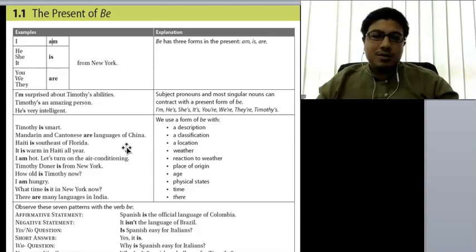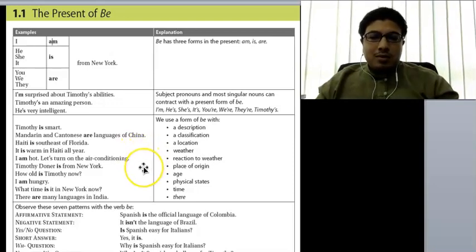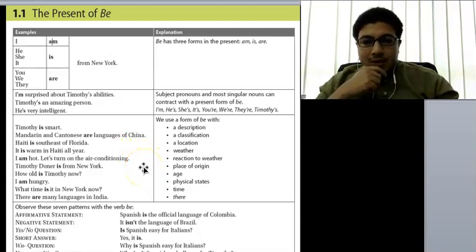So you use is to describe a location. You can also use is or are to talk about weather. For example, you say it is warm in Malaysia. I am hot because the weather is hot. So you are reacting to the weather.